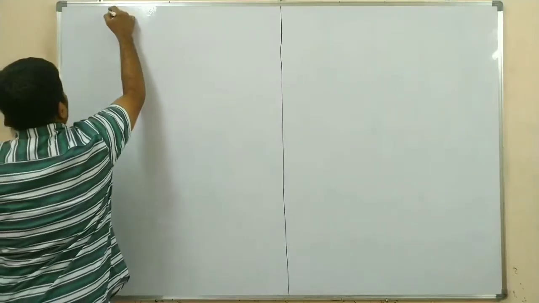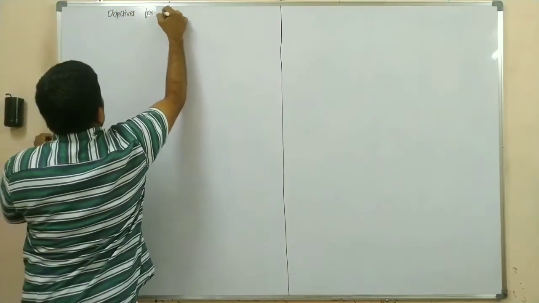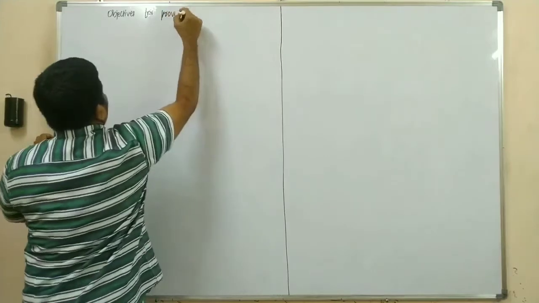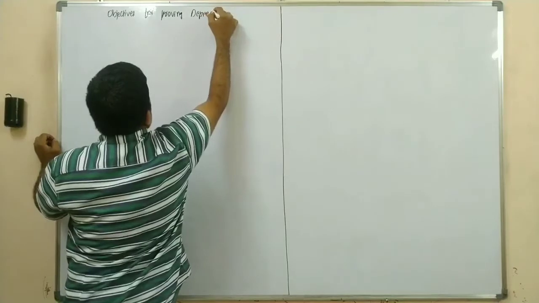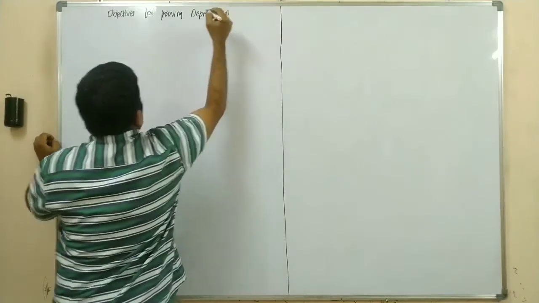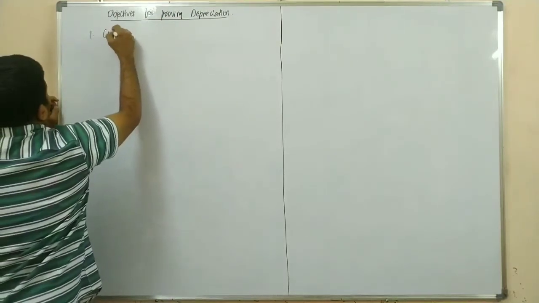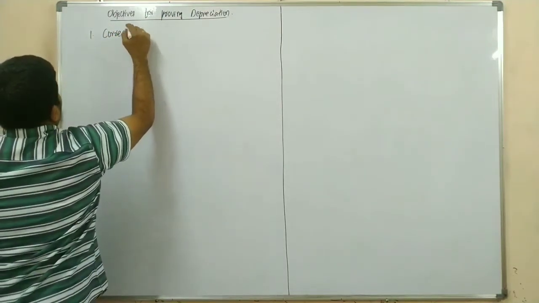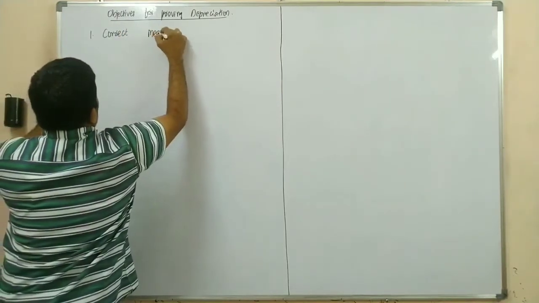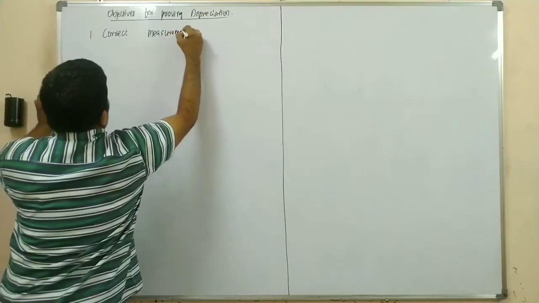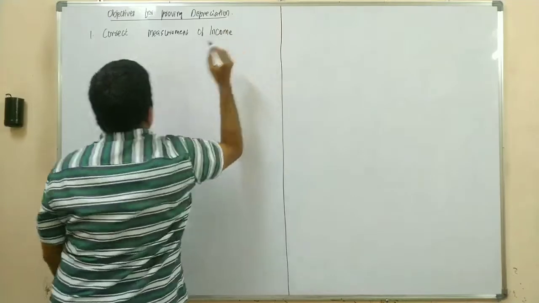Topic would be objectives for providing depreciation. So your first objective would be correct measurement of income.